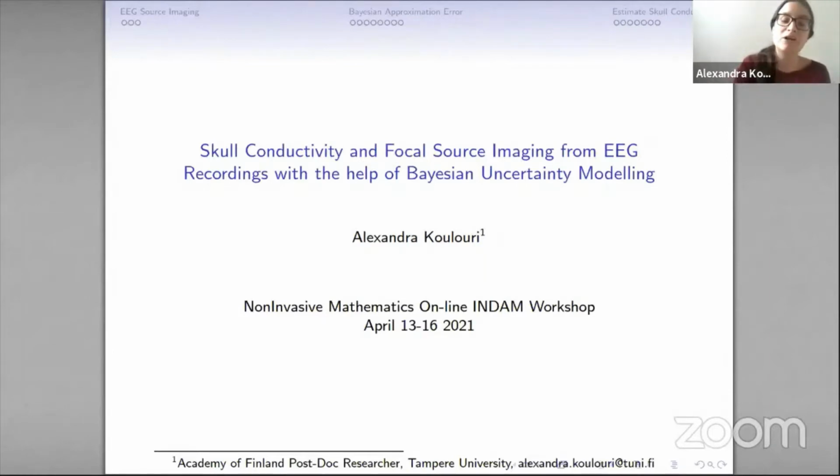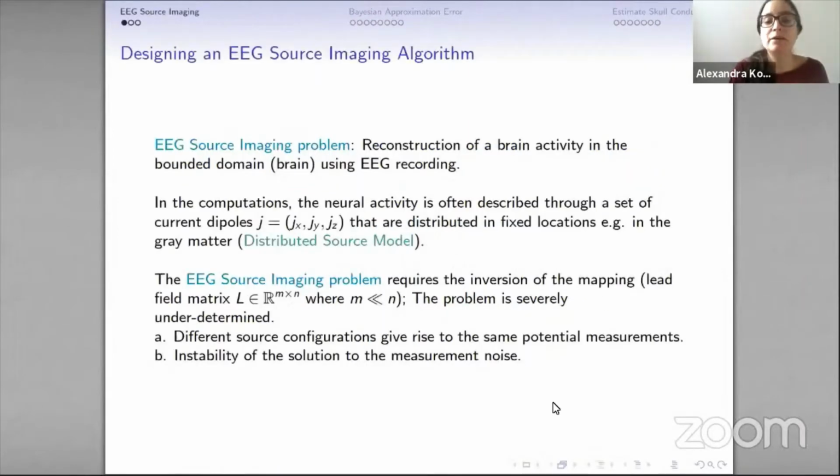And in the second part, I will also try to explain an approach that we have tried to develop recently, how to estimate the skull conductivity in addition to the source locations using EEG recordings.